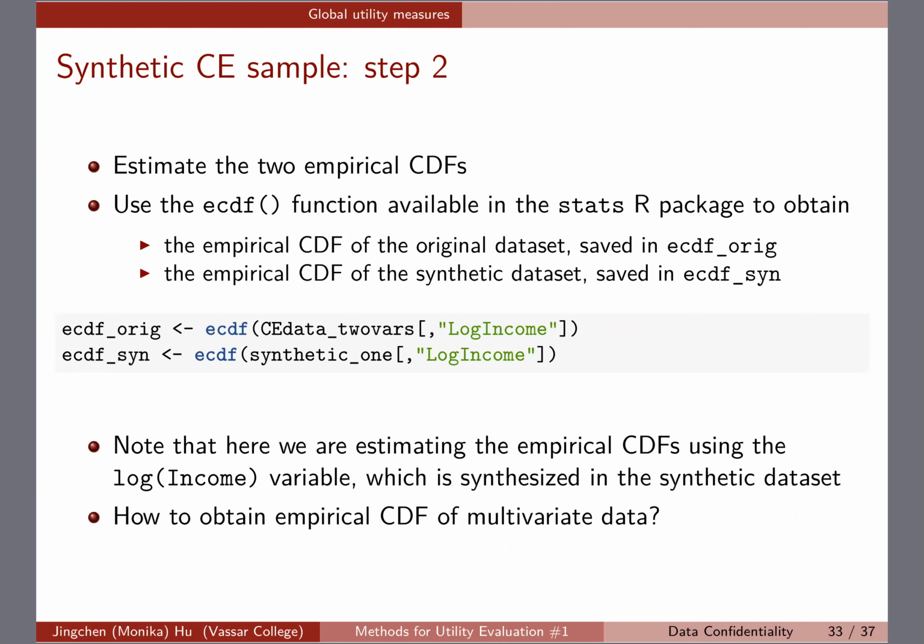So the way that I'm using it is I use ECDF, and I'm only using the log income variable. You see that for the original, I'm using the original data, looking at log income. Okay, so I assign it to ECDF_ORIG. And then the other one is the synthetic data, the log income, and I save it into ECDF_SYN.